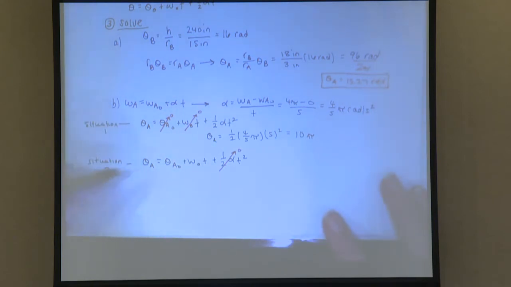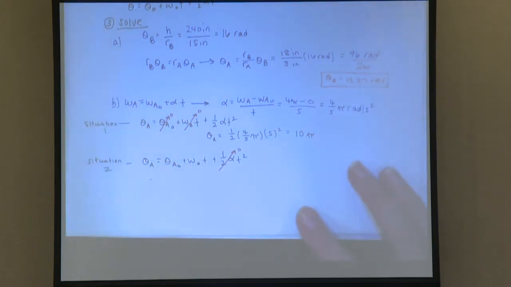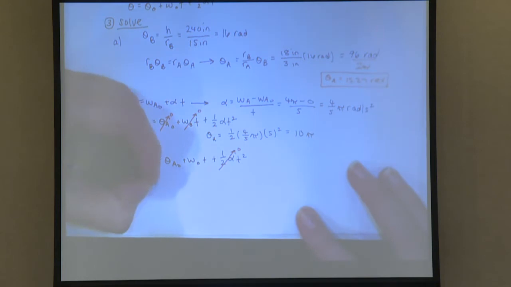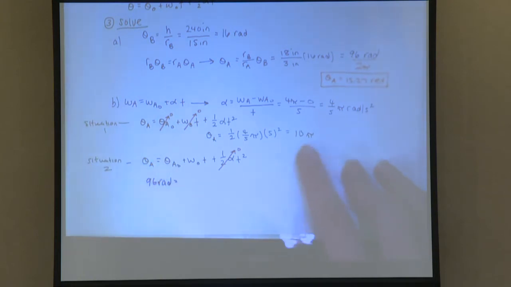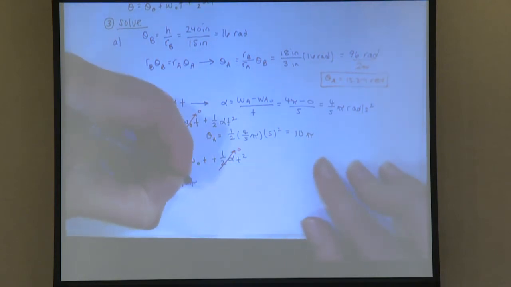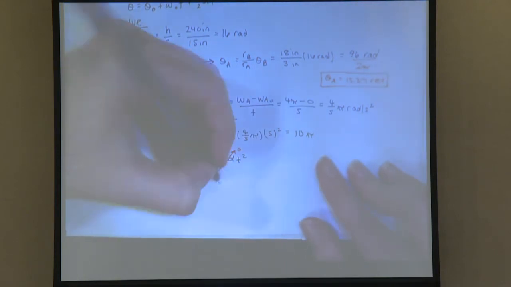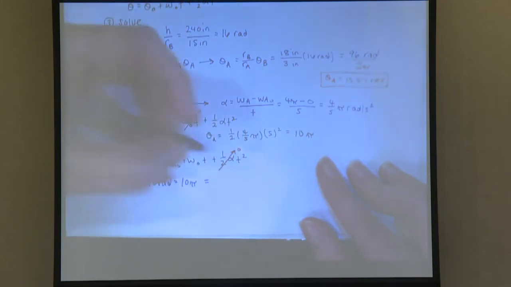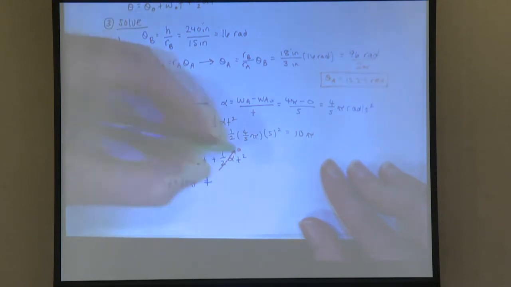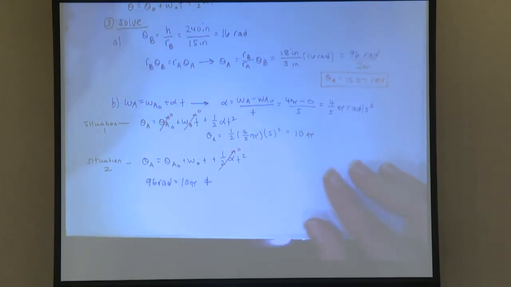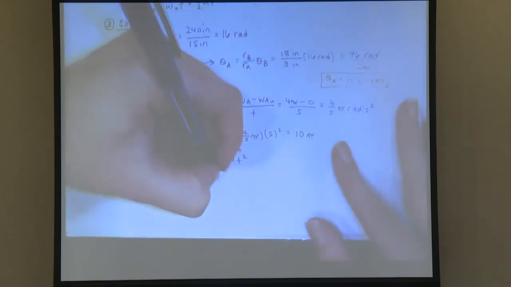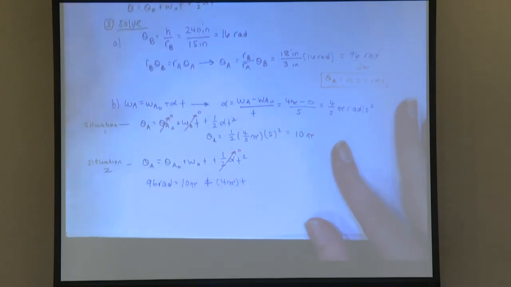And now we can just plug everything in to find the time. So we know that the final distance that it will go is 96 radians. I'll use my blue pen for this. So we have 96 radians. The initial distance, we're going to use the distance that we had found here. So we have 10 pi. And we're going to set this, oops, sorry, that should be a plus. So plus the omega that we have is our constant velocity, which is 4 pi, times time.